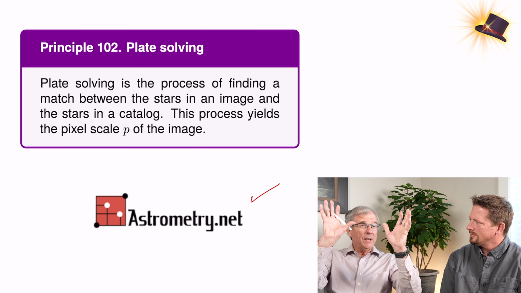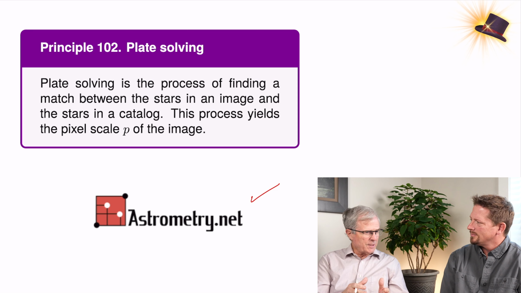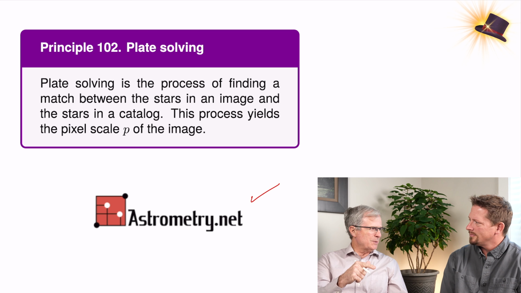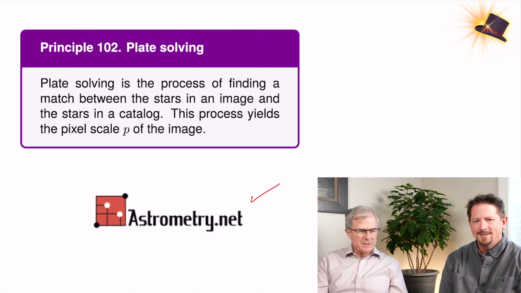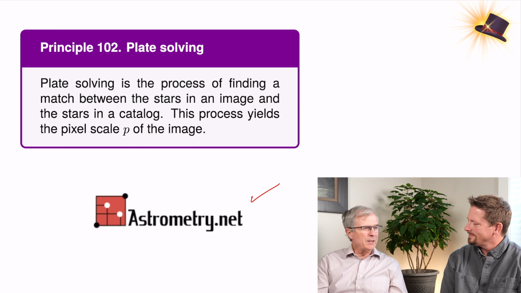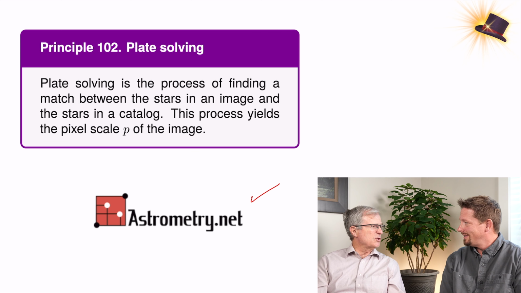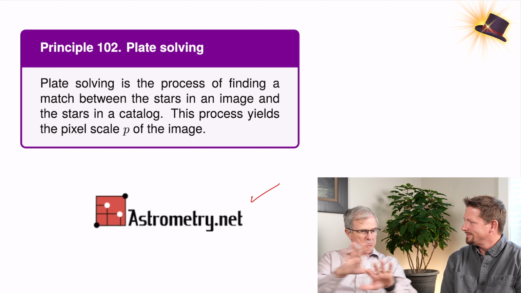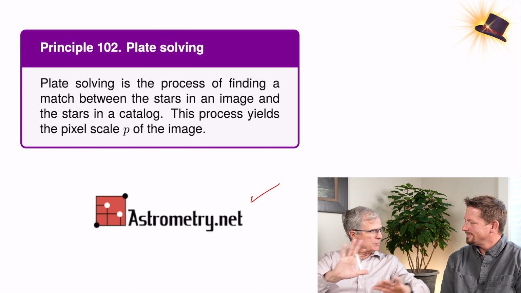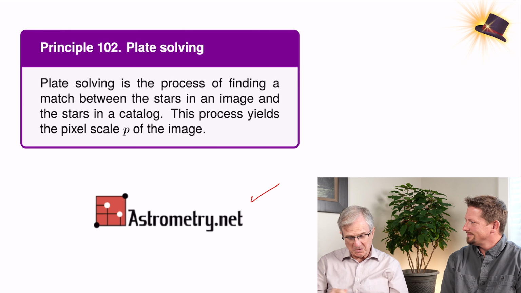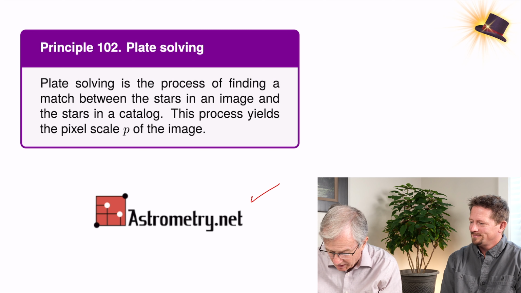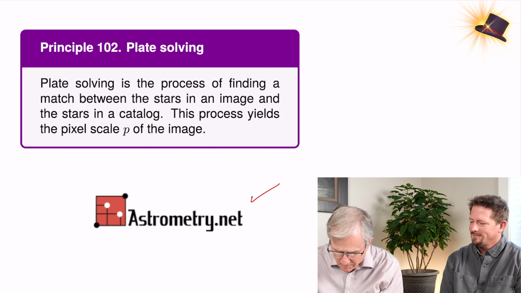And it looks at the catalog stars and figures out where that image was taken in the sky, what the pixel scale was. That's crazy. It blows my mind. I talked to my brother, John, who's a computer scientist, and he said, oh yeah, that technology's been around for years, no big deal. It's called registration. You match up this image with some other image and you're registering the image. Cool. But I still think it's cool.